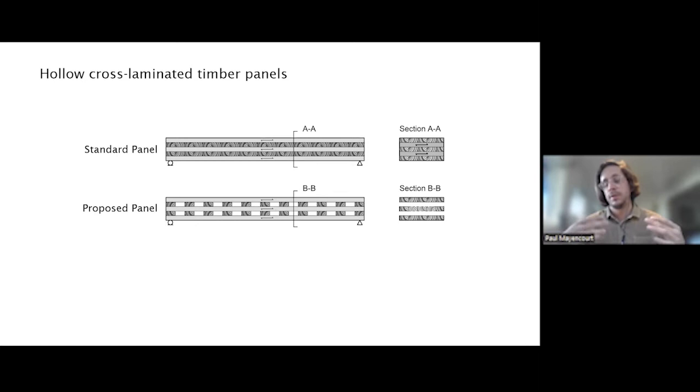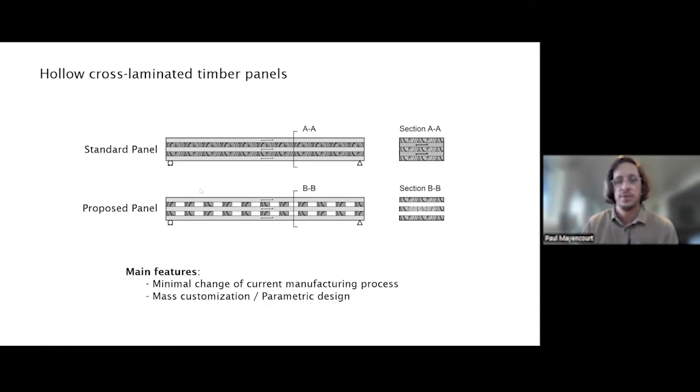But due to transportation constraints, you have to have a very tight grid space to enable this two-way action. So here we were considering only one-way bending, so panels that act as a wide beam. So the cross layer is structurally useful as a spacer between the longitudinal layers, but it's not so much of use in terms of structural strength.